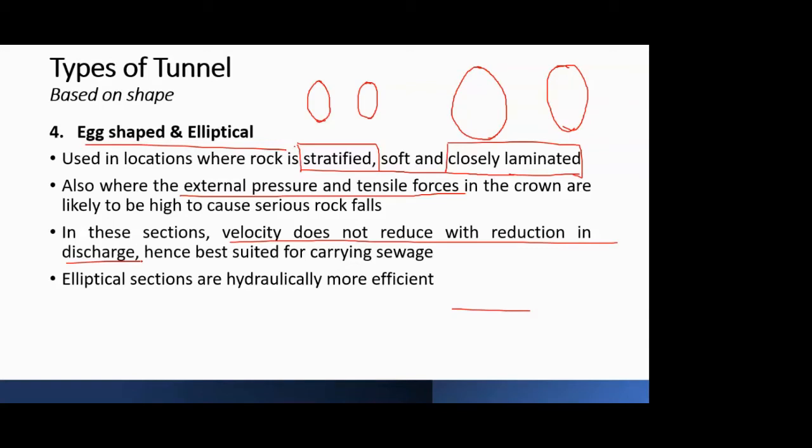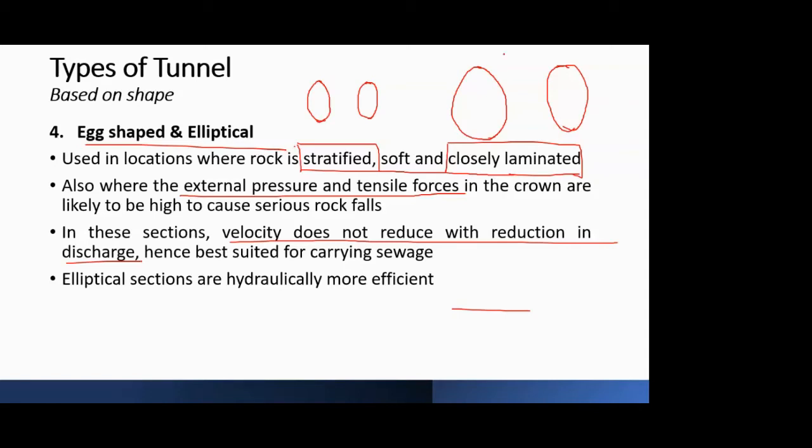And if velocity decreases, the solid particles in your sewage get a chance to settle down in the pipe itself. So that will reduce the efficiency of that pipe. And if this happens for a prolonged period, there is a deposition which solidifies, or it goes on compacting. So due to that, the circular pipes have to be cleaned regularly.